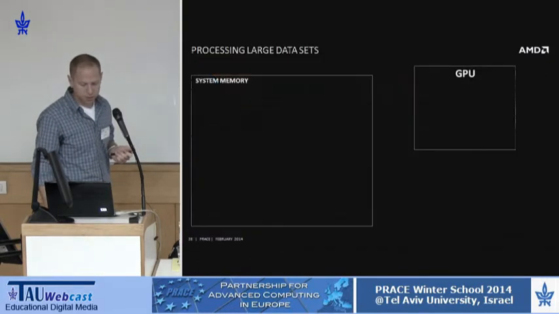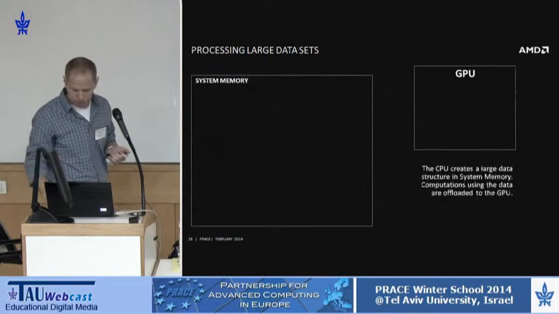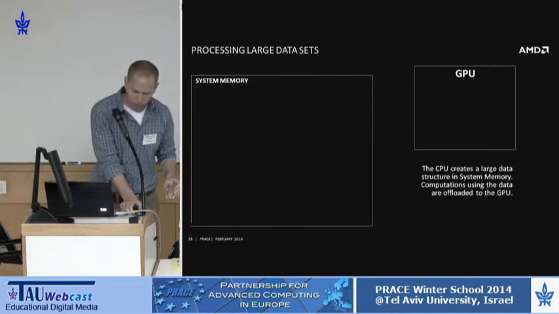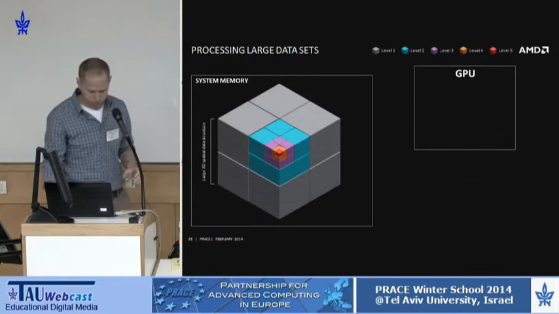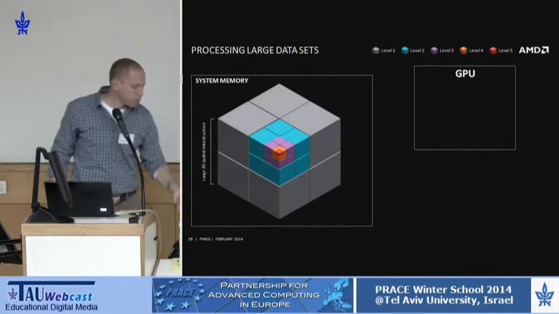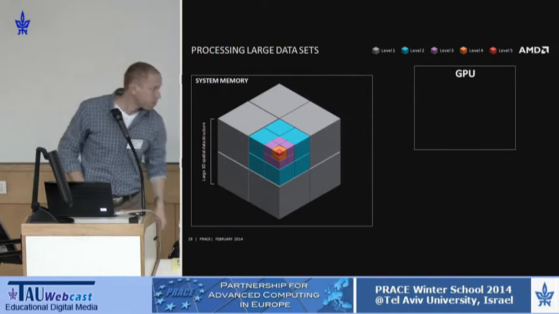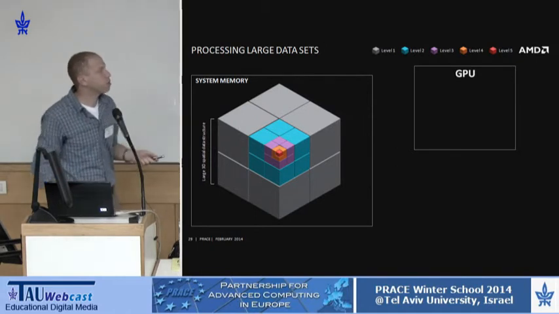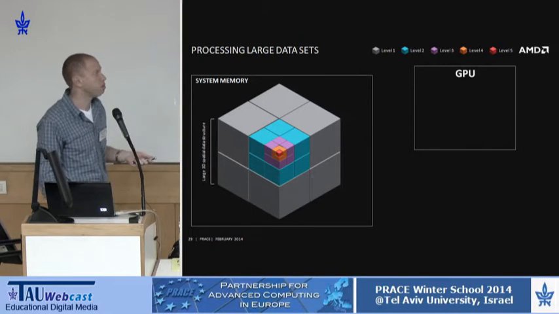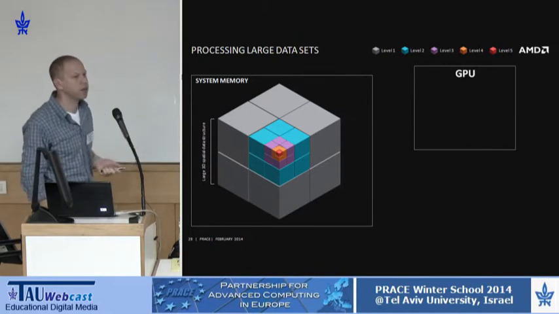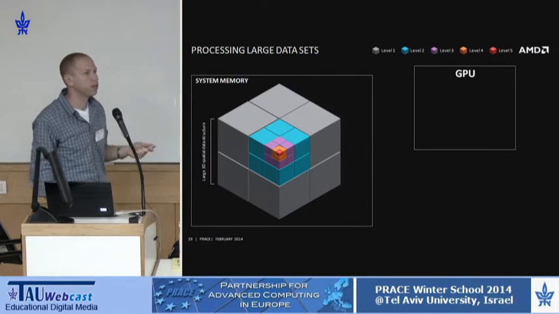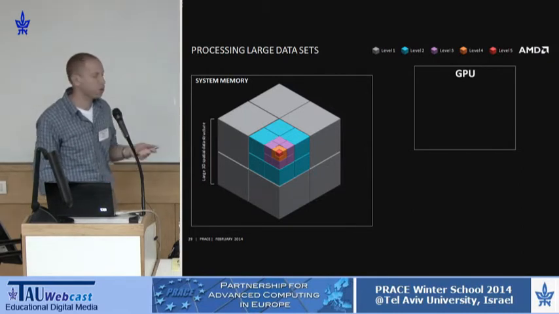Large data sets. Okay. Let's assume for a moment that we have some kind of gigantic database. Let's say 40 gigabytes of database. This kind of database will not fit in the GPU memory.